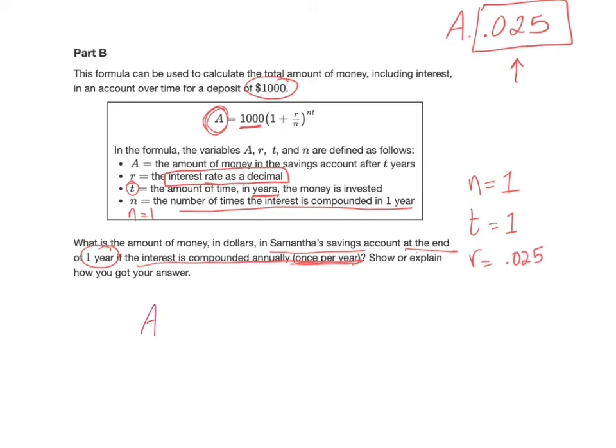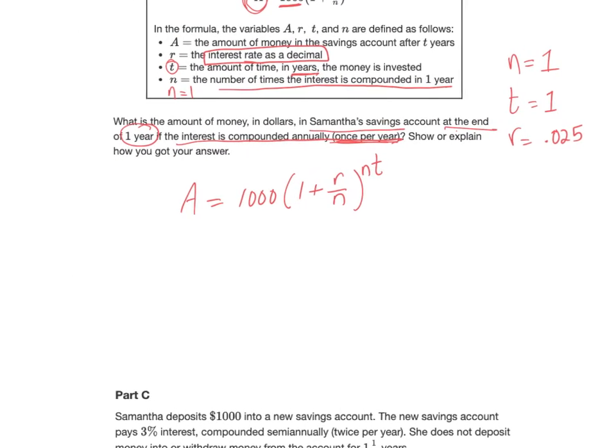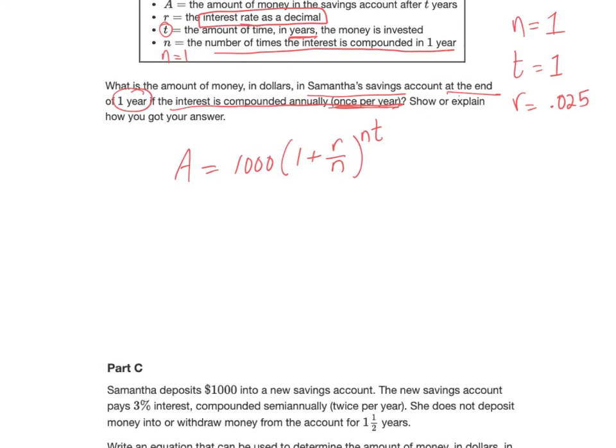So we have A is equal to 1,000 times 1 plus R over N, all raised to the power NT. Okay, so I have 1,000 times 1 plus, now R is 0.025, N is 1, and then we have N to be 1, and T is 1.